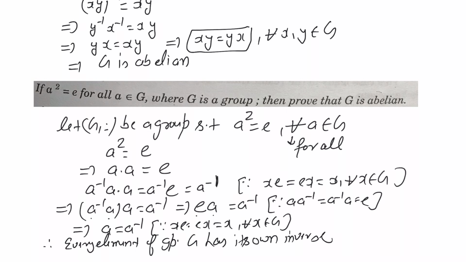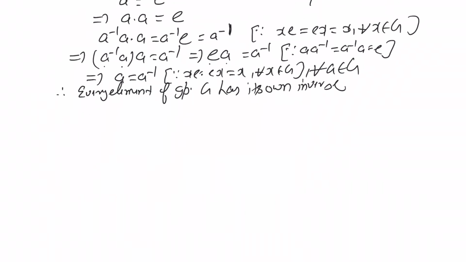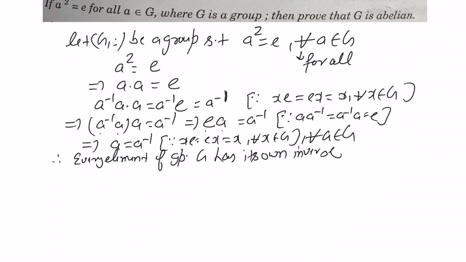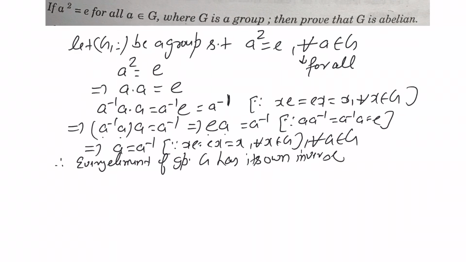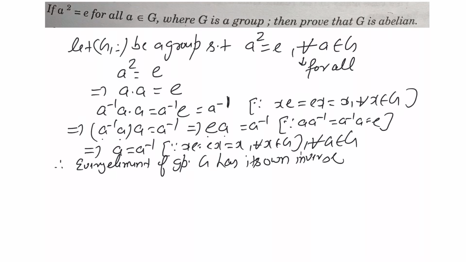That we just proved, because this condition is holding for all a belonging to G, since a was any element. Next, we see that every element of group G has its own inverse, that we have proved.